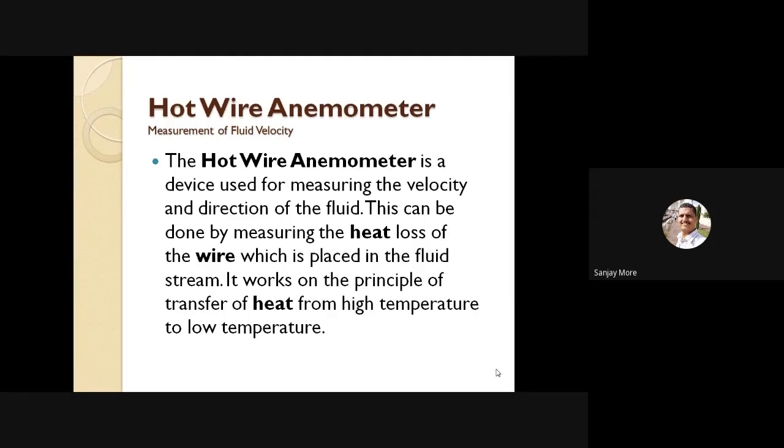By measuring the heat loss of the wire which is placed in the fluid stream.